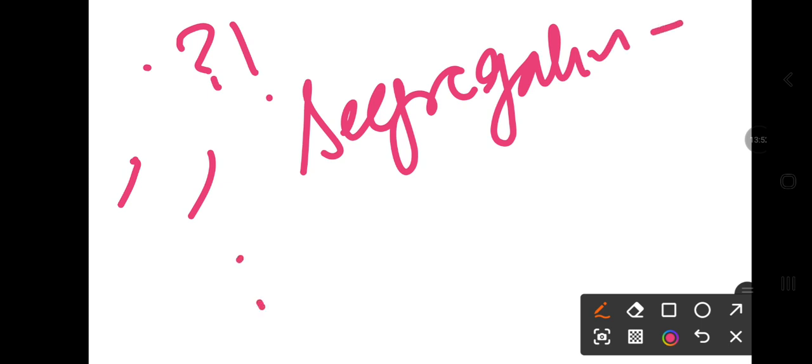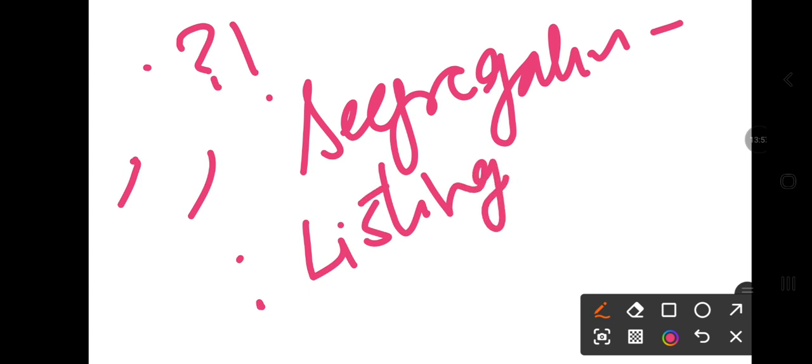Then colon for listing, right? Semicolon for two sentences. When two sentences are related somewhere, then we should use a semicolon. So these are the common punctuations, right?